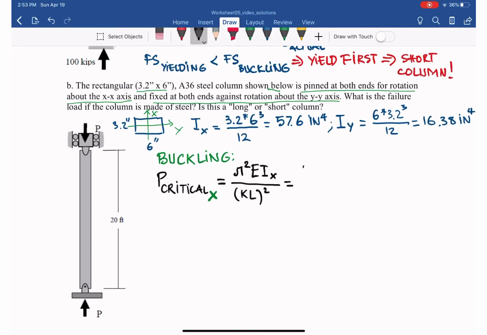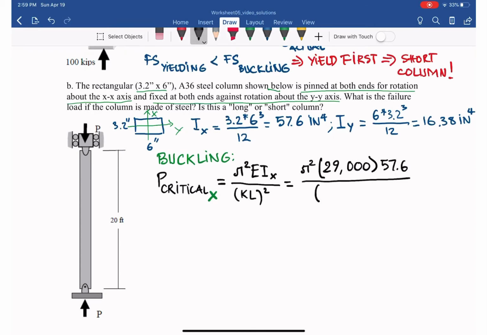Plug in for A36 steel, E equals 29,000 ksi, Ix equals 57.6, divided by KL squared, where K is the effective length factor.